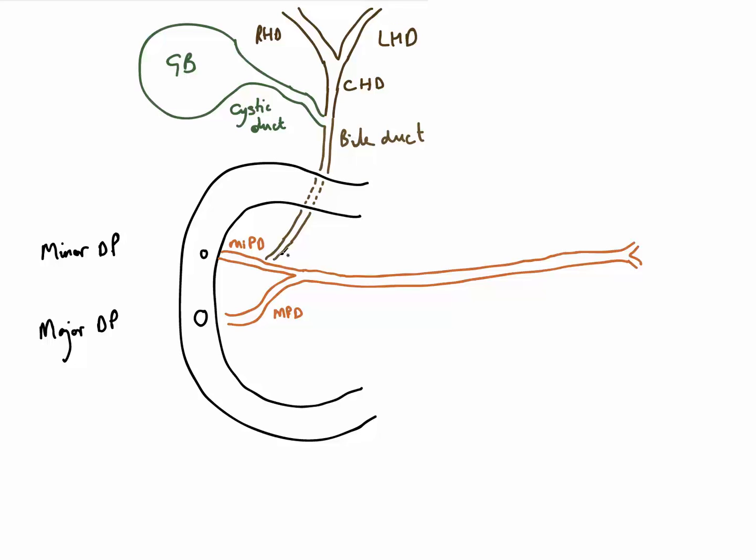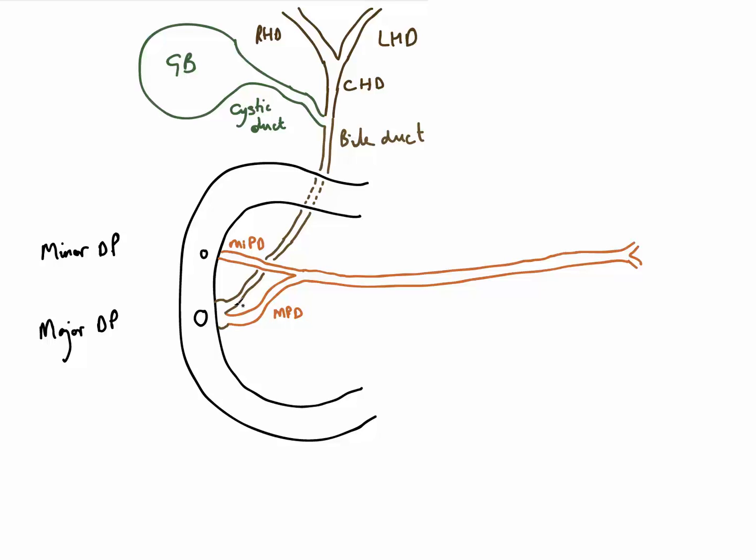The bile duct running along the posterior surface of the head of the pancreas is going to blend with the main pancreatic duct. And as these two ducts unite, they form the ampulla, the hepatopancreatic ampulla. We can see the bile duct has passed posterior to the minor pancreatic duct as it's running along the posterior surface of the head.